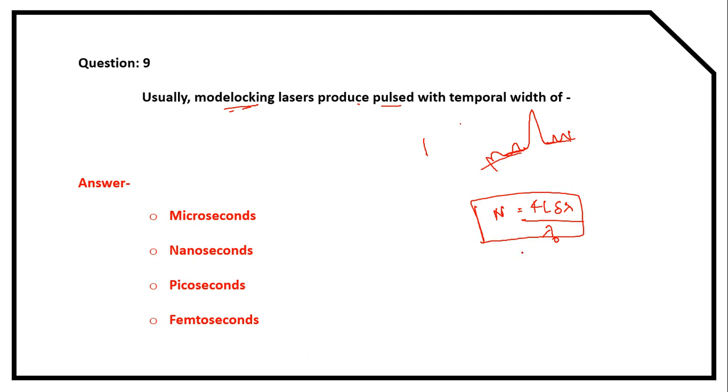One more thing: say this is the time period, so we had also studied the relation 2L/c, and Tp = 2L/Nc. This Tp is related to N, which is the number of modes. If you increase the number of modes in the laser, you will get a lower value of Tp, and this Tp is related to the temporal width.